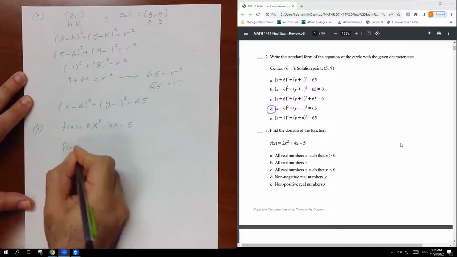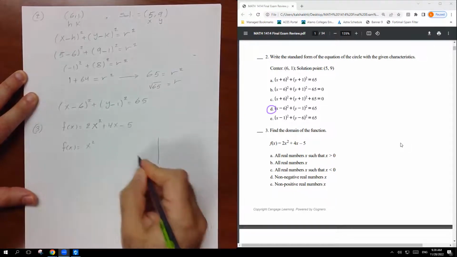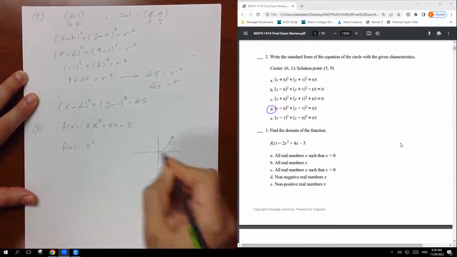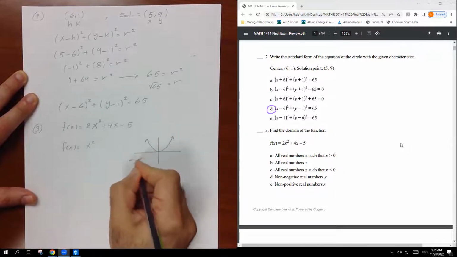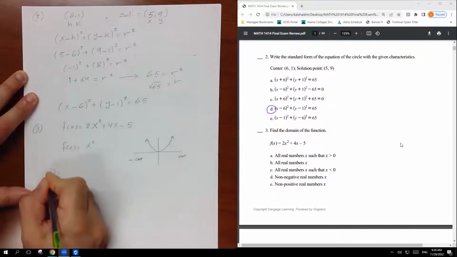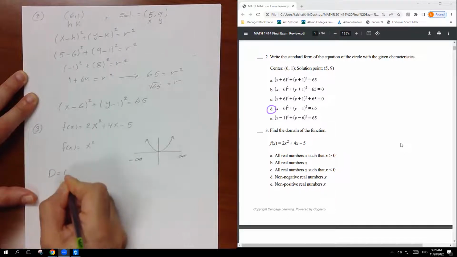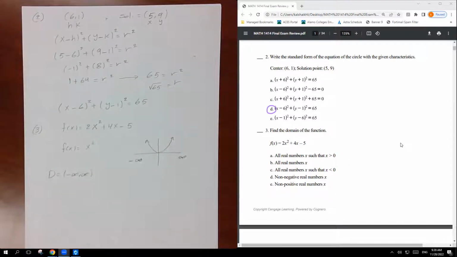If you derive the basic function x squared, the graph of the basic function is like this. The domain is negative infinity to positive infinity. So the domain for any quadratic equation is negative infinity to positive infinity. So I'm going to choose all numbers. So B, all real numbers. That's it for example 3.